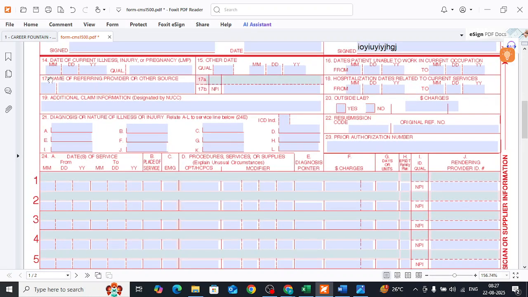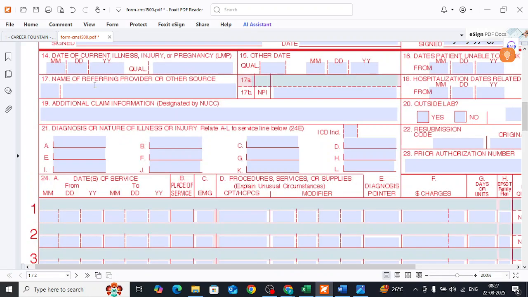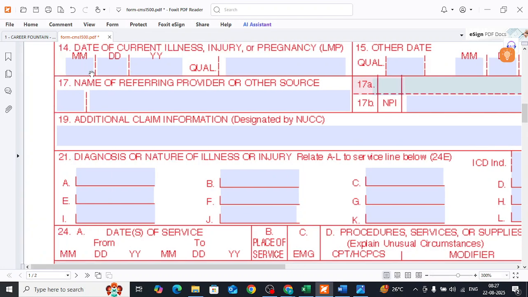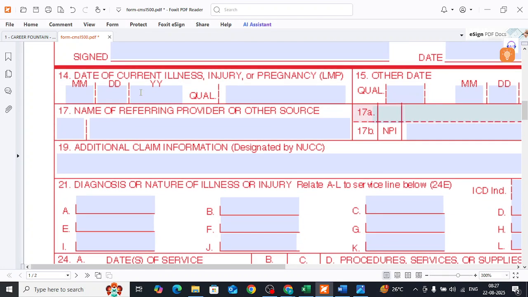So many boxes are there which are important and need to be remembered. Box number 14 is date of current illness, injury or pregnancy. It's not mandatory that if the patient came today to take a service, he got injured or ill from today only.